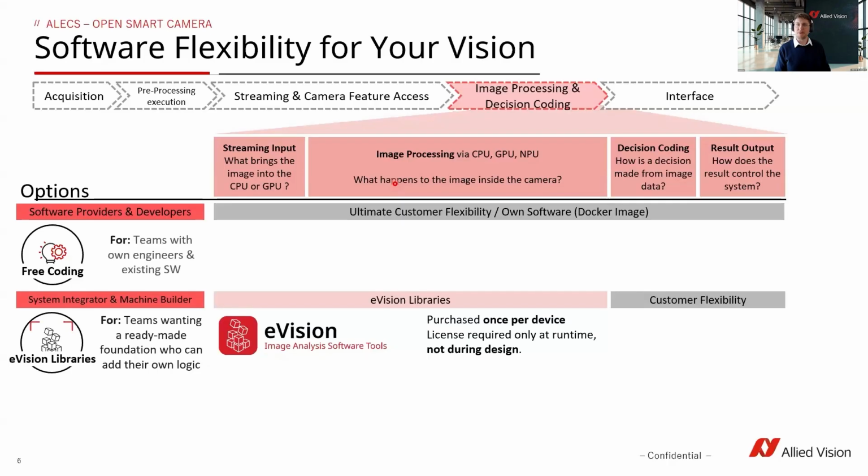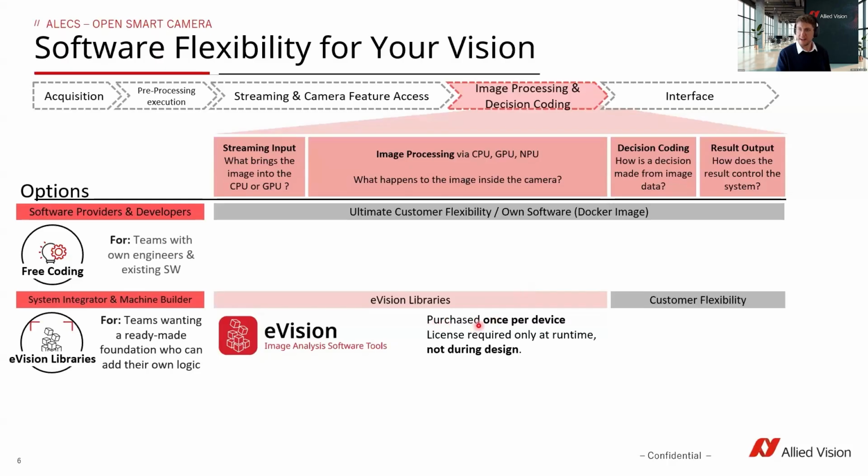I will explain this in detail later, but mostly we're talking here about image processing. With eVision, you get access to the stream, and you can then use libraries to process your images for the application you want to use.